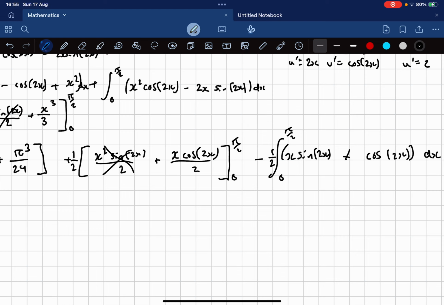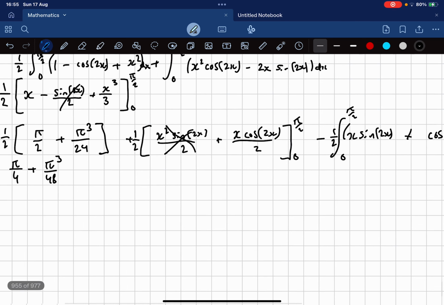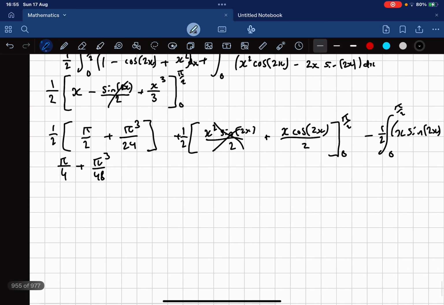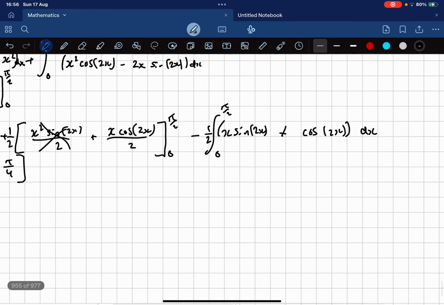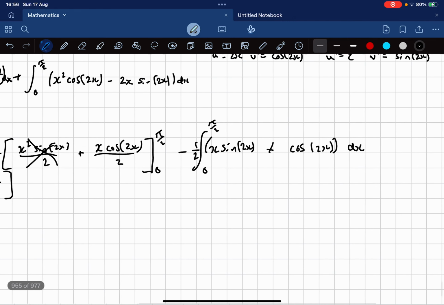So that's going to be minus pi over 4, and then it'll cancel to 0 when x equals 0. So this is plus a half minus pi over 4 in here. Okay. And then minus this integral.